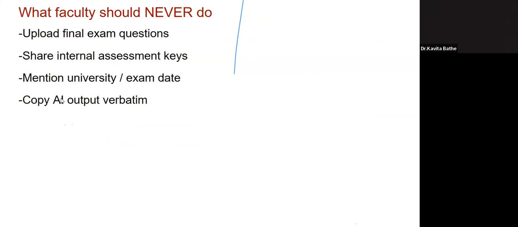We should not share the internal assessment keys. We should not mention the university or the exam date, and we should not take the result that we are getting from the model as it is.